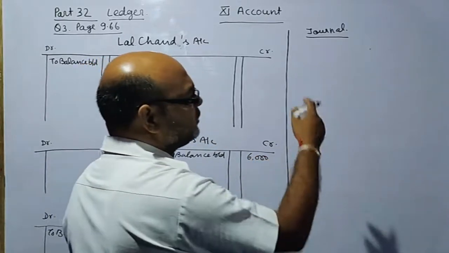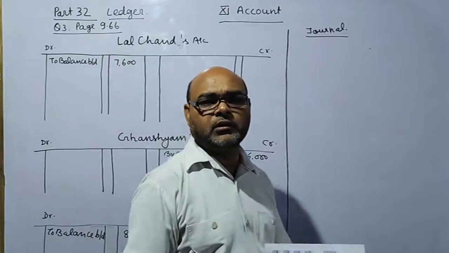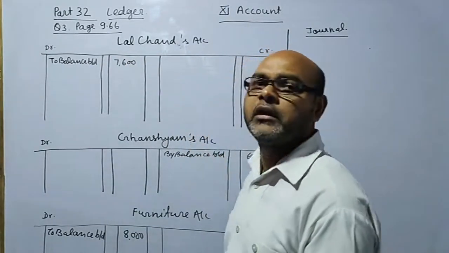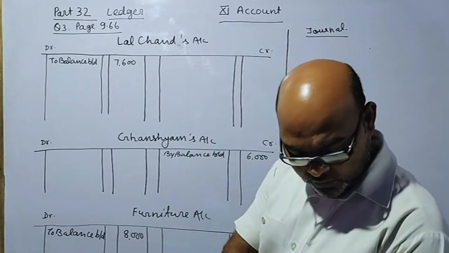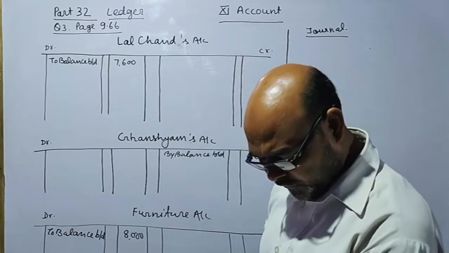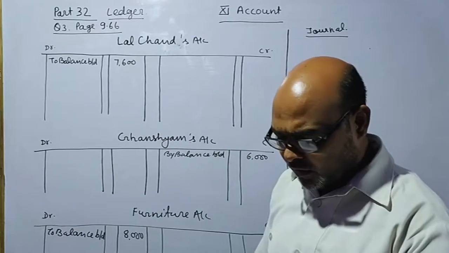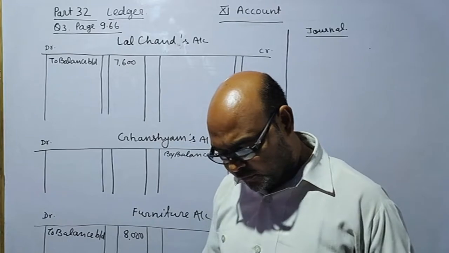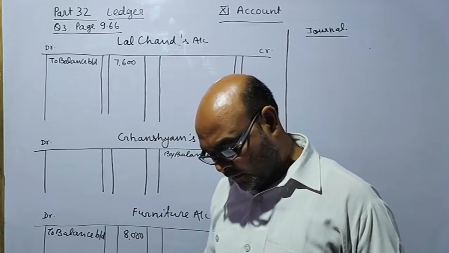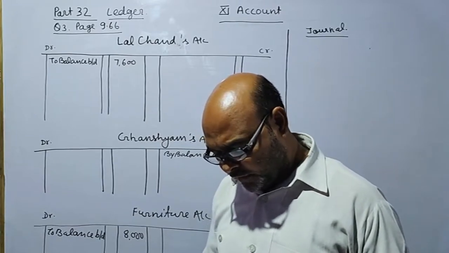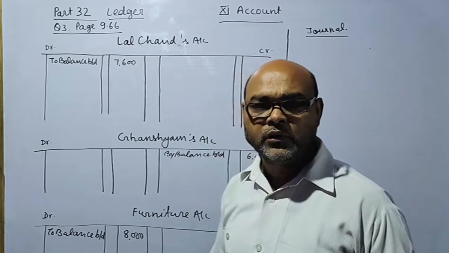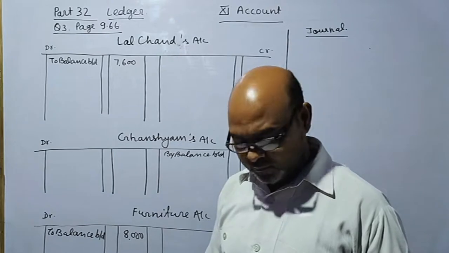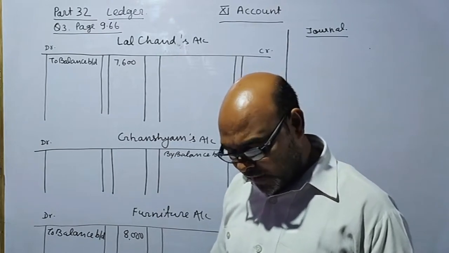So we will write in the journal only those transactions which are related either to Lal Chandra, Ghanshyam or furniture. First is purchase typewriter. So typewriter account debit to cash. Sold goods for cash of the list price 25,000 at 20% trade discount, 5% cash discount. So cash account debit, discount account debit to sales account. Sold goods to Gopal Seth.